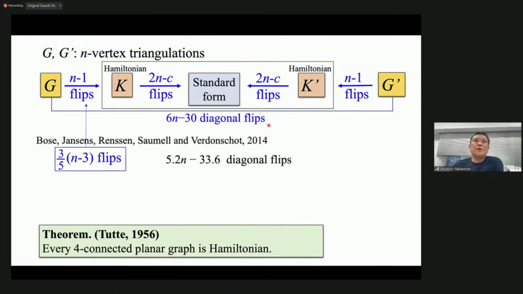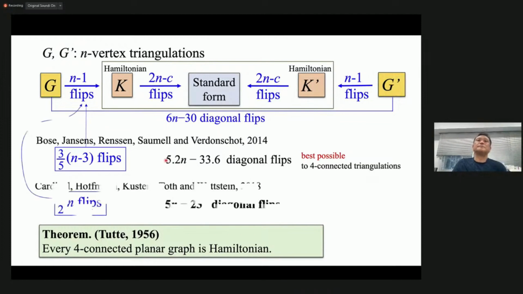We already mentioned that someone improved this 6n to 5.2n, but they actually improved this n-1 flips to this many flips. They insisted it is best possible if we try to transform G into a four-connected one.